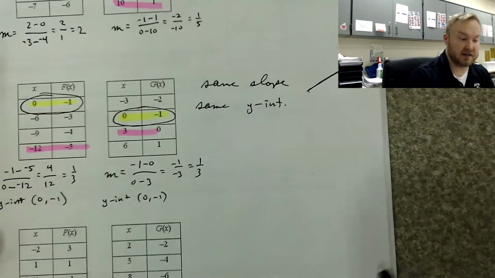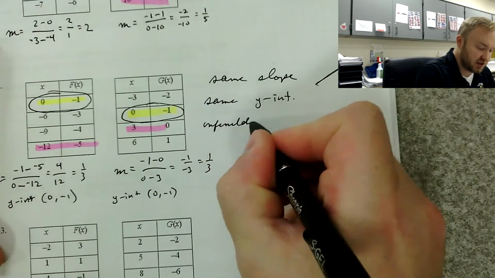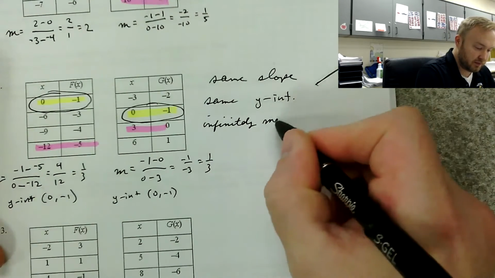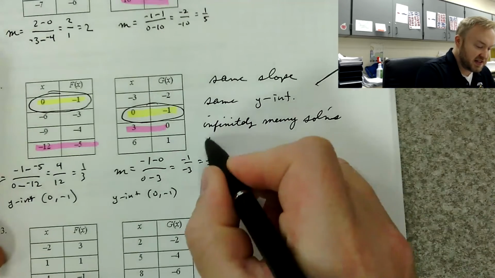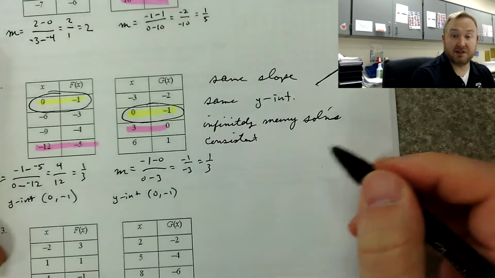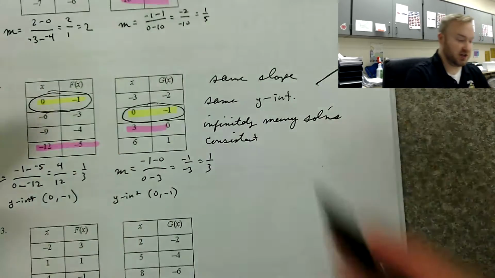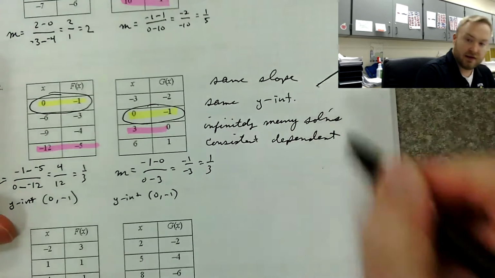They fall right on top of each other. So there are infinitely many solutions. This is a consistent system because the lines are not parallel, they're right on top of each other. And it is dependent because there's infinitely many solutions.